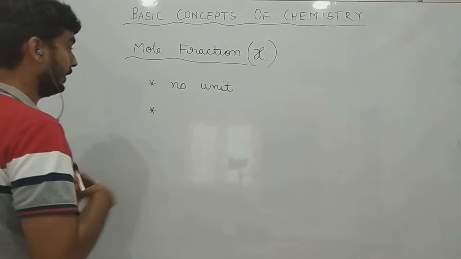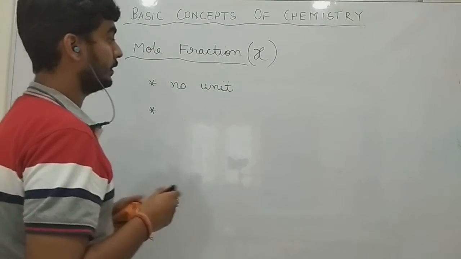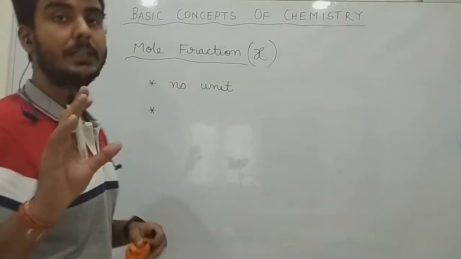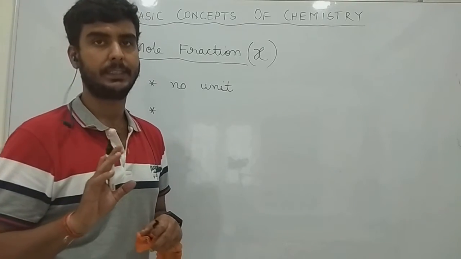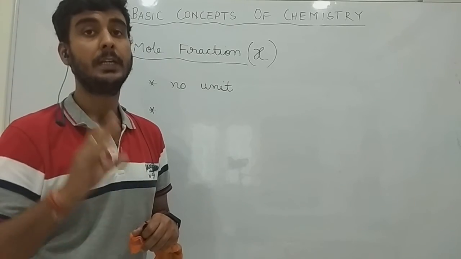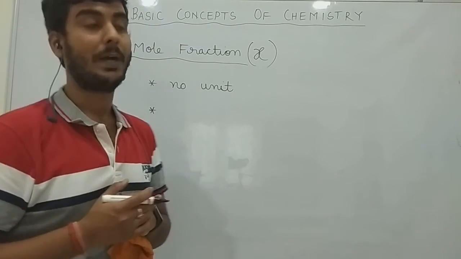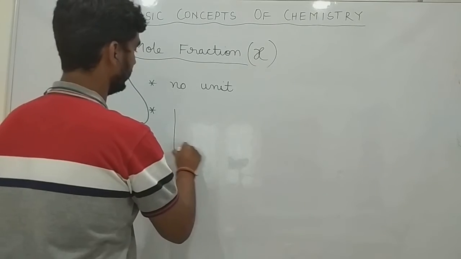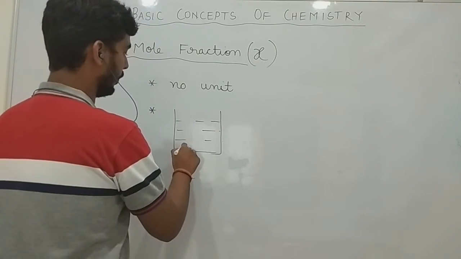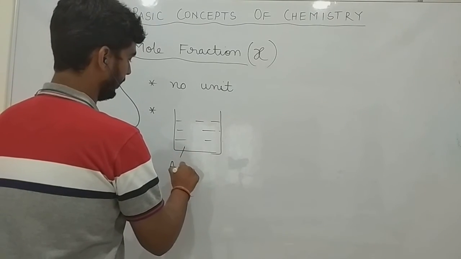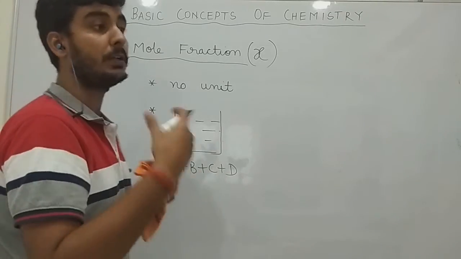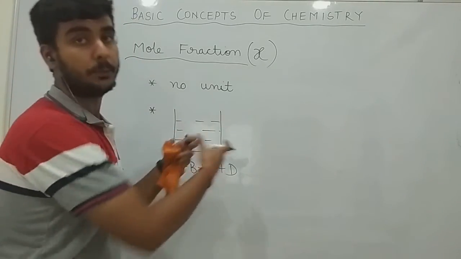One more important point. Suppose in a solution there are 3, 4, 5 components. If you add the mole fractions of all the components present in the solution, it will be equal to 1. Suppose there are 4 components present, A, B, C and D, used to form this solution.